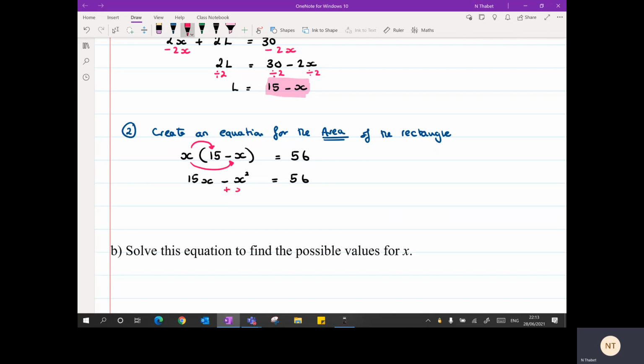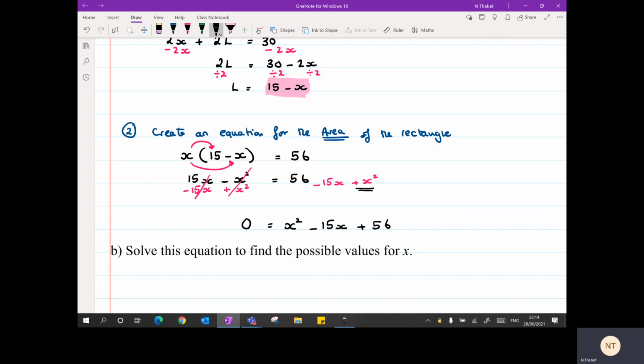So I'm going to add x squared from here, so it will go. I will take away 15x from here, so it will go. And I will do the minus 15x and the plus x squared on this side. So now I have 0 equals x squared, which is my positive, minus 15x plus 56.